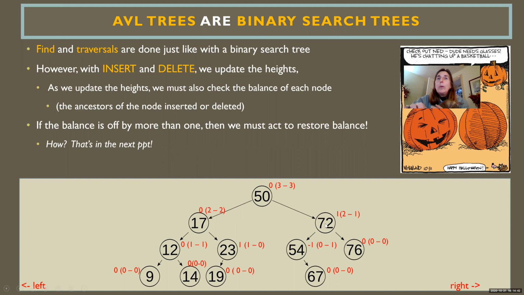Here, 72: the left child has a height of 2. The right child has a height of 1. 2 minus 1 is 1, so the balance of 72 will be 1. 50: the height of 17 is 3. The height of 72 is 3. So 3 minus 3 is 0. So the balance of 50 will be 0. Okay?